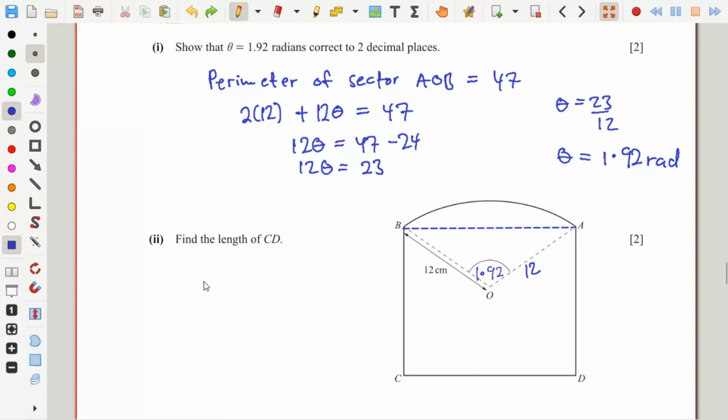So let's see. I can use the cosine rule. Okay.